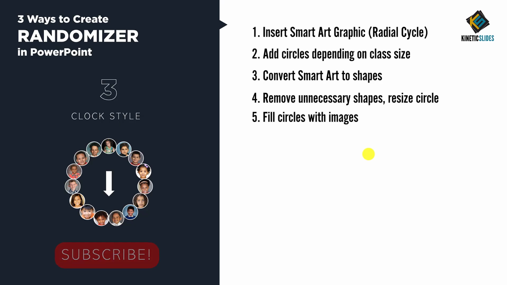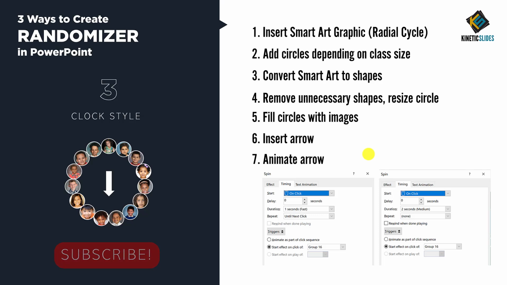The fifth step is to fill the circles with images that are 1 by 1 in size, otherwise it's going to be a distorted image. Sixth is to insert the arrow and then animate it. Two animations: the first animation is Spin with 1 second duration, repeated until the next click. The trigger is the group. Second animation, also Spin, but this time the duration is 2 seconds.